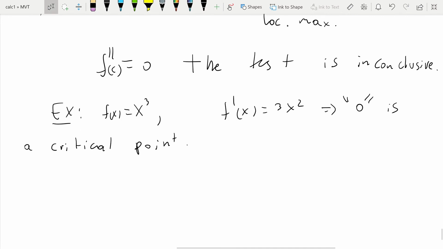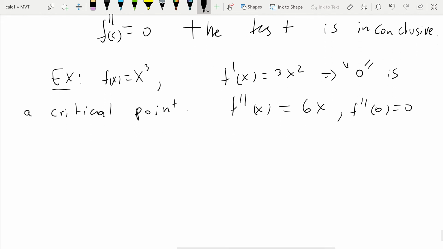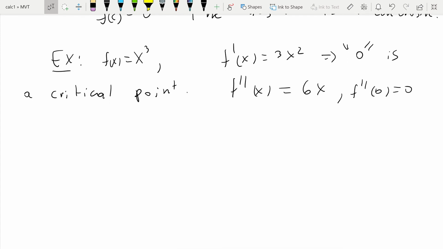And now, what happens at 0 in terms of the second derivative? f double prime of x is 6x, so f double prime at 0 is equal to 0. Is 0 a local min or local max? Well, it's actually neither.